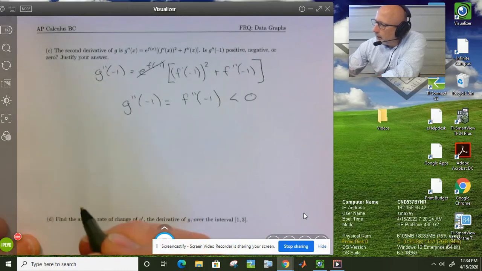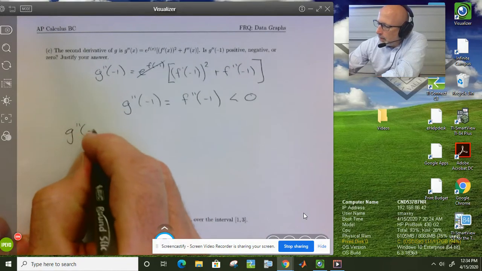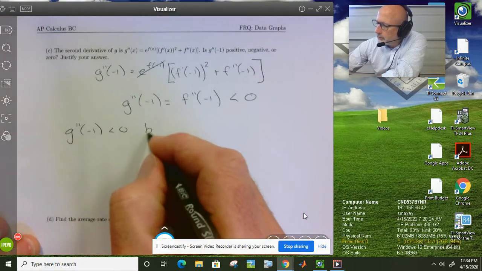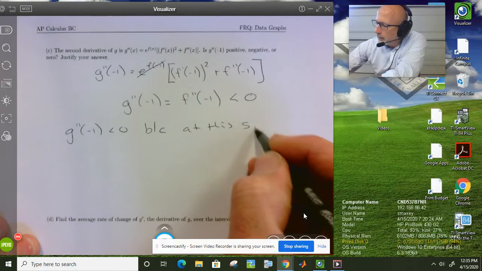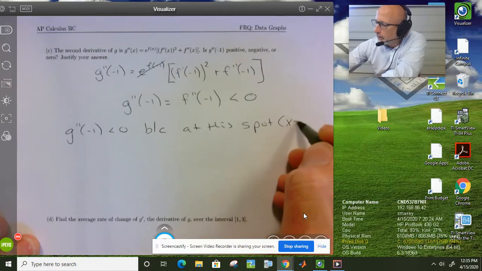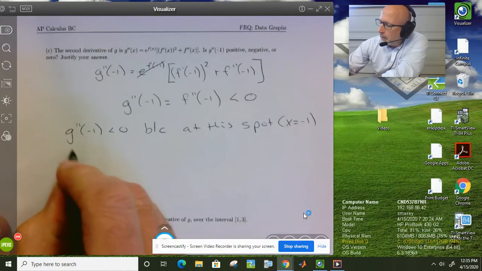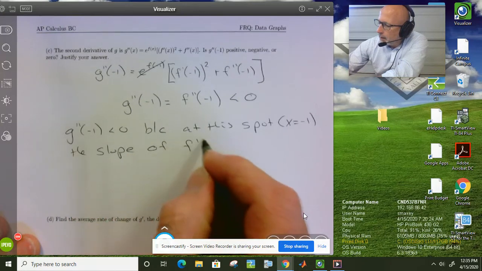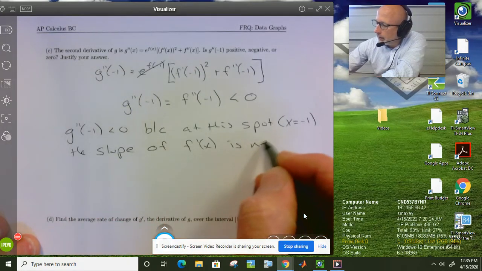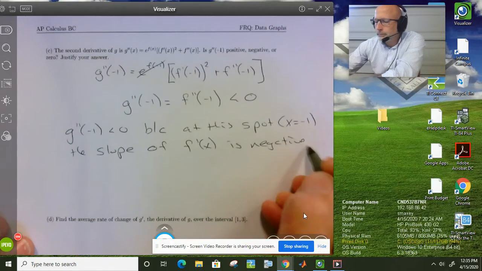Let's see. g double prime of -1 is less than 0 because at x equal to -1, the slope of f prime of x is negative. Okay, and there we are.